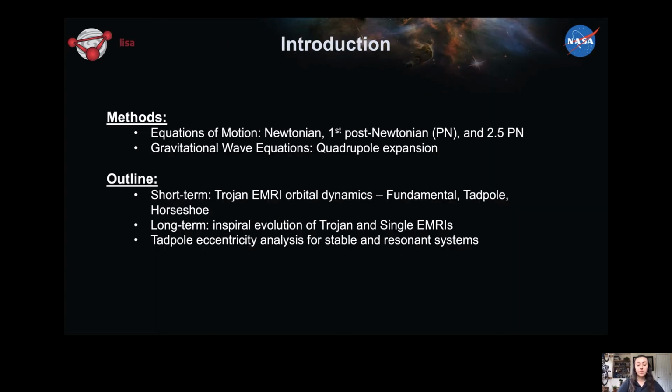LISA mission. So just as an introduction for this presentation, for our simulations, for the equations of motion, we'll be using the Newtonian, first post-Newtonian, and 2.5 post-Newtonian terms. And for the gravitational wave equations, we'll be using the quadrupole expansion. And then just to outline this presentation a little bit, we'll first start out with the short-term Trojan EMRI orbital dynamics.